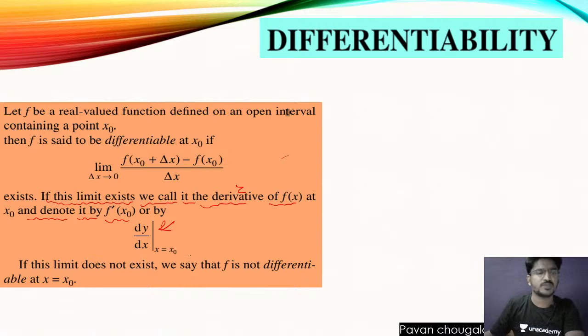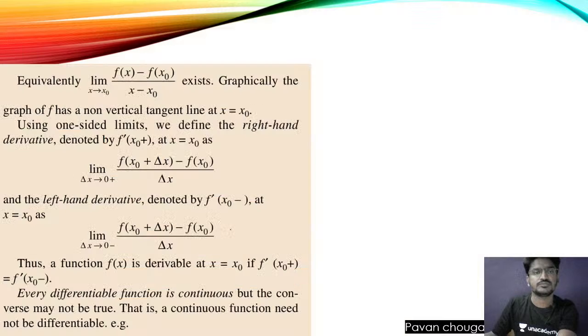So what I have explained, they have given here, so be careful. Next, if limit does not exist, we say that f is not differentiable, or we say dy by dx is not possible. Clear? Okay, from this introduction, I think you got the idea of what is the meaning of dy by dx. Now I will go for the next slide.